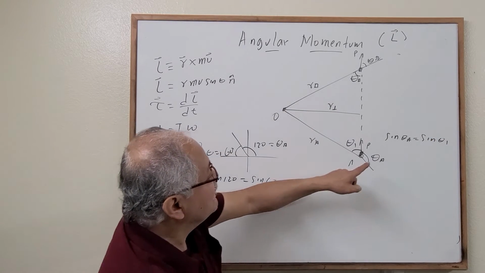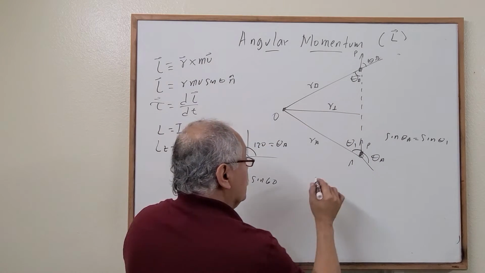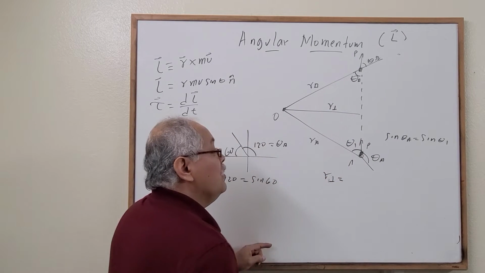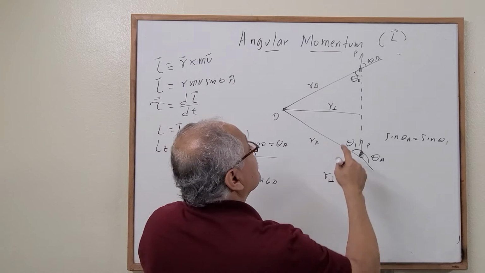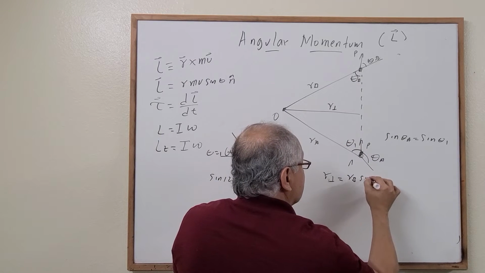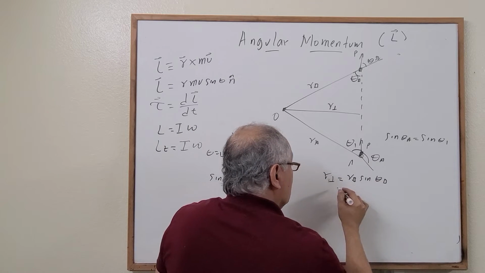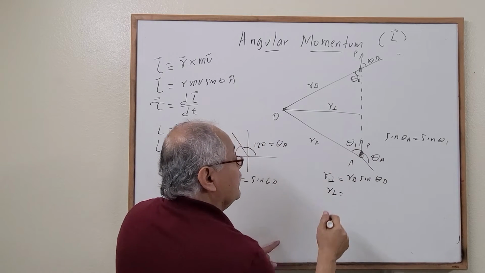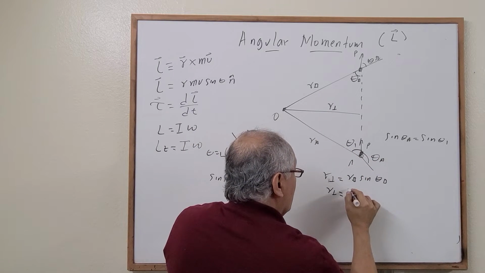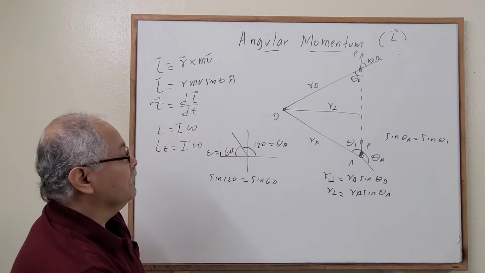Perfect. Now let's relate these angles to the perpendicular R. The perpendicular R is equal to R B sine theta B, and also, since the sines of these two angles are the same, it is equal to R A sine theta A. Correct?